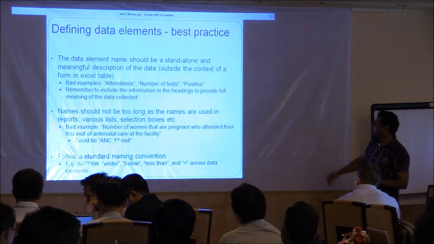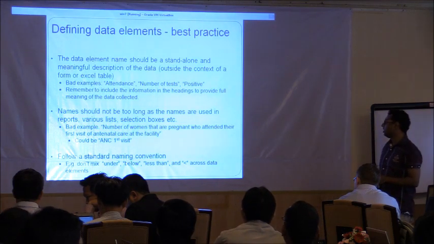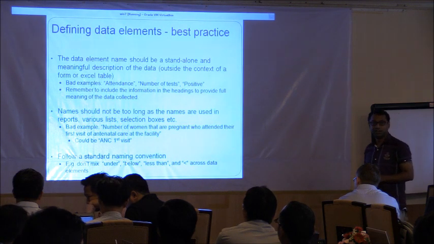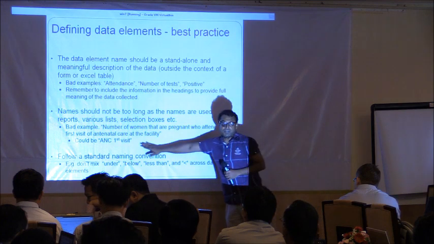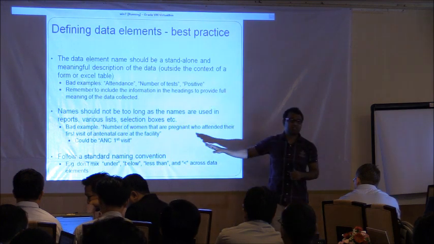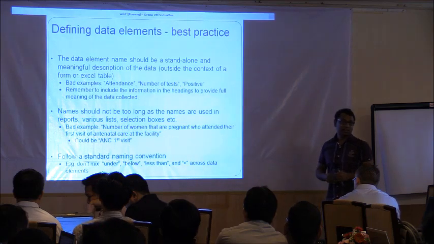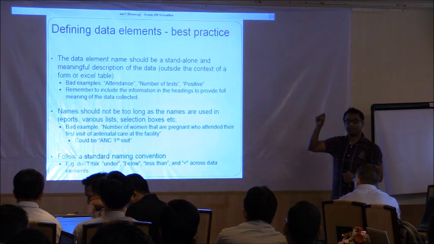For example, here: number of women that are pregnant who attend their first visit of antenatal care at the facility. It could be very simple, ANC first visit. Everyone understands ANC first visit. And you can have the big description in the description field, but not as a data element.